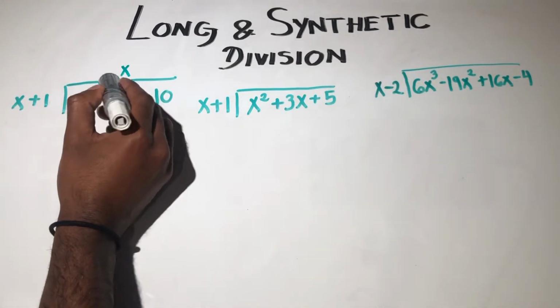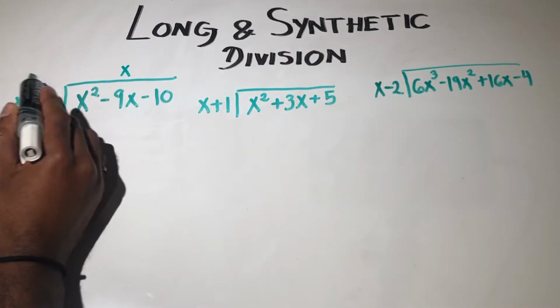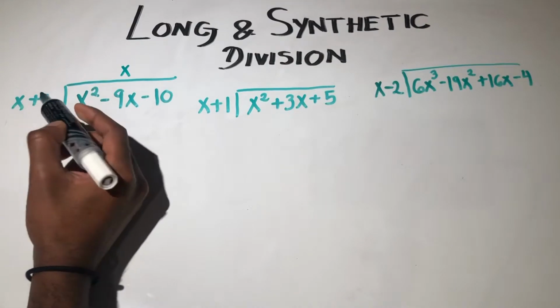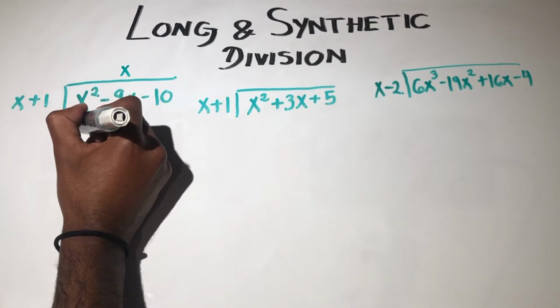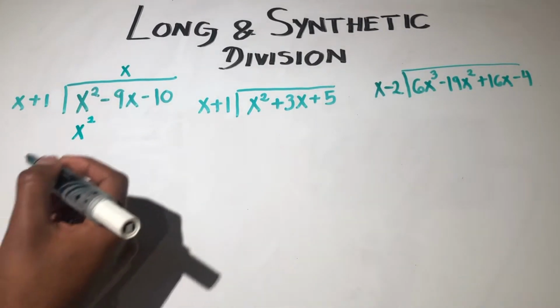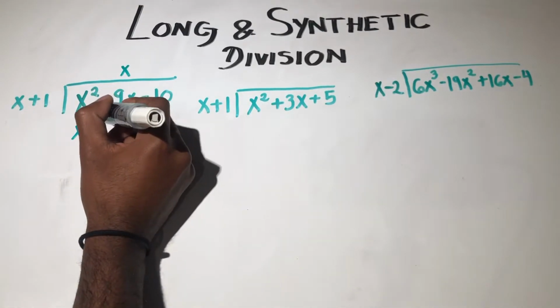And then you're going to take what you got in the quotient and multiply it by the divisor. So x times x is going to give you x squared, and you're going to place it right underneath the term x squared in the dividend. And then x times 1, that's just going to give you x.